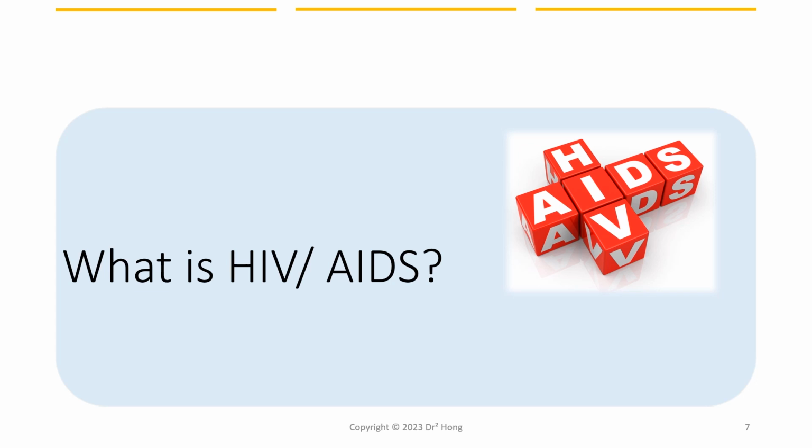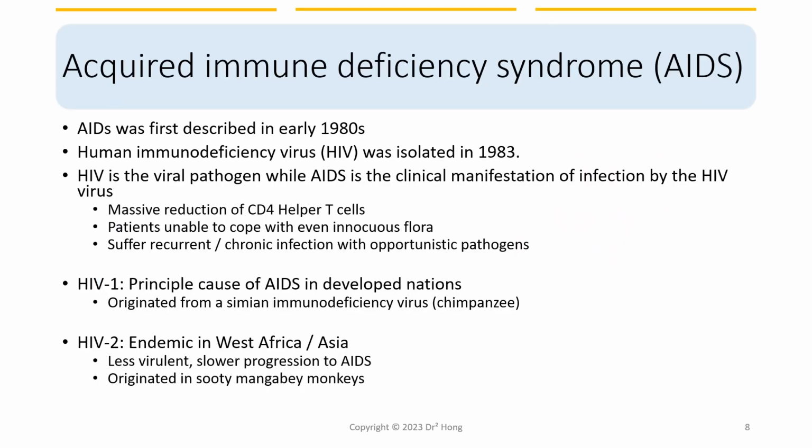So, what is HIV/AIDS? The human immunodeficiency virus, HIV, is a viral pathogen that was first described in the early 1980s. AIDS is the clinical manifestation of infection by HIV, which causes a massive reduction in CD4 helper T cells.